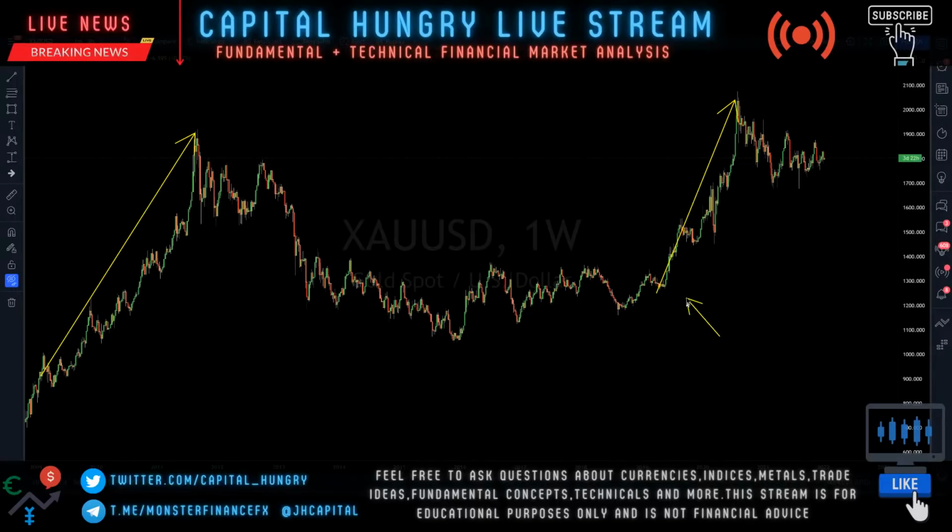You have low prices on this asset class and commodity. You have low interest rates, which is favorable for holding gold and stacking into gold positions in terms of institutional buys. You have inflation increasing during this period, which is a bullish fundamental factor for gold, and you have economic fear.